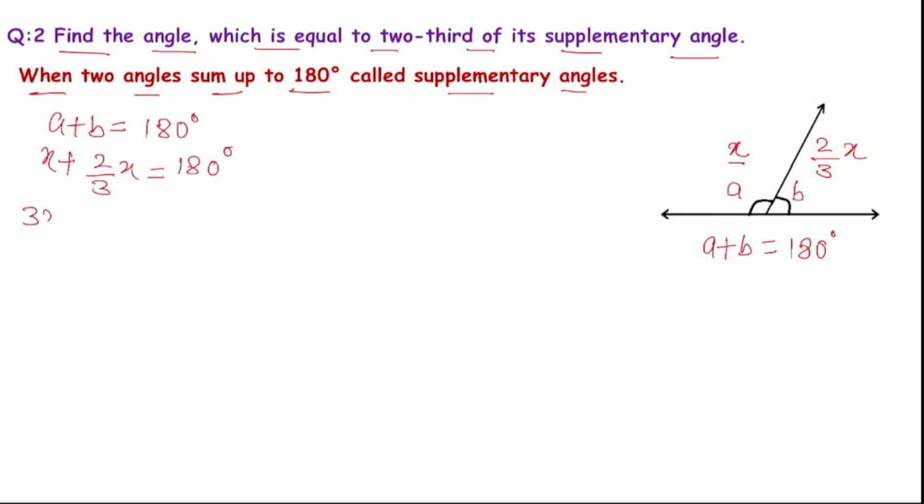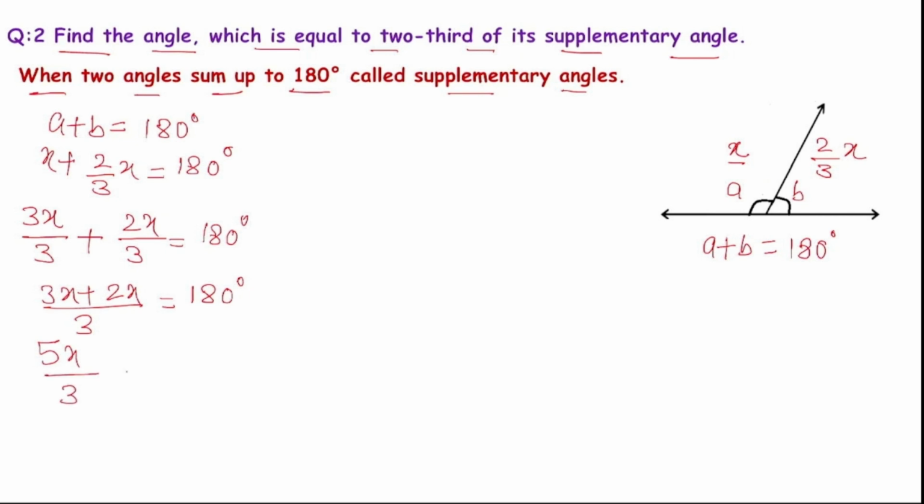Multiply 3 in the numerator and the denominator. So X plus 2X over 3 equals 180 degrees. Take the LCM, which is 3: 3X plus 2X over 3 equals 180 degrees. So 5X over 3 equals 180 degrees.